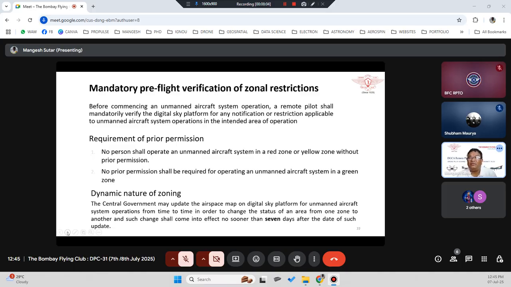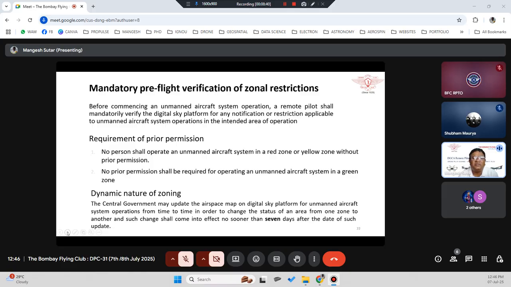Even the northern and western states, from Gujarat, Rajasthan, Punjab, Haryana, Jammu, Himachal Pradesh, were all converted into red zone till 13th of June. After the war stopped, that area remained a red zone for another month. On 13th of June, they removed those restrictions. Now they are under normal segmentation, as per requirement: red, yellow and green zone.